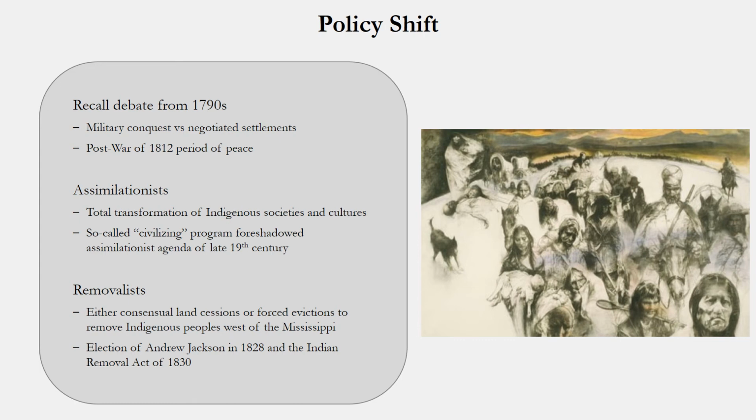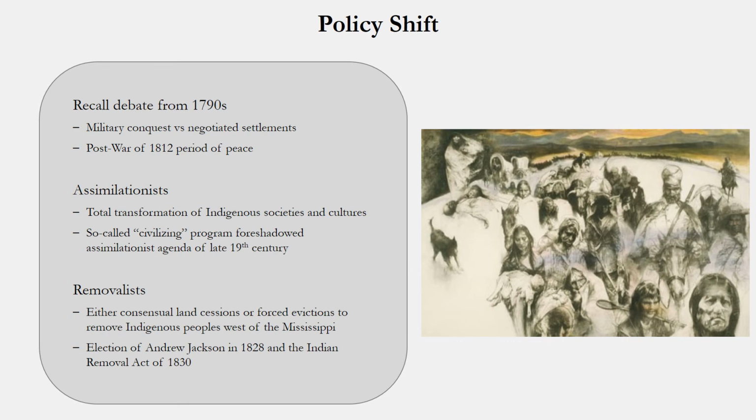But the problem, and I use that term ironically, of course, was that assimilation was deemed to be either too slow to ameliorate the conflicts precipitated by rampant settler expansion, or too naive regarding the desirability or even capability of the Indians to change their quote-unquote savage ways. Thus, removal emerged as a serious policy option by the 1820s.